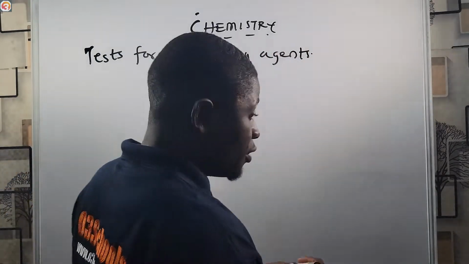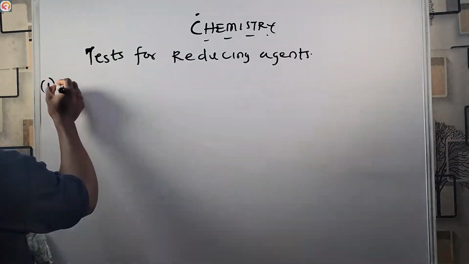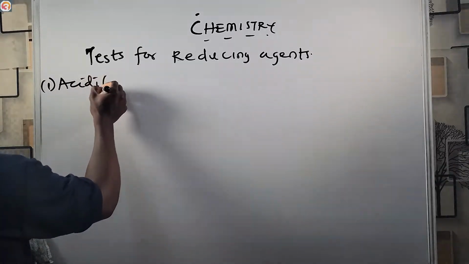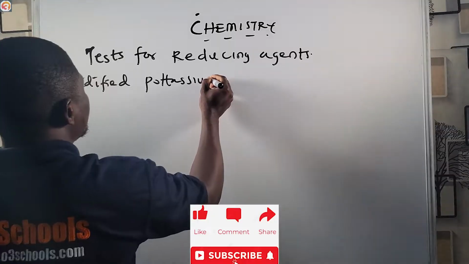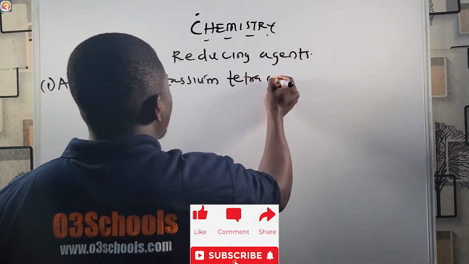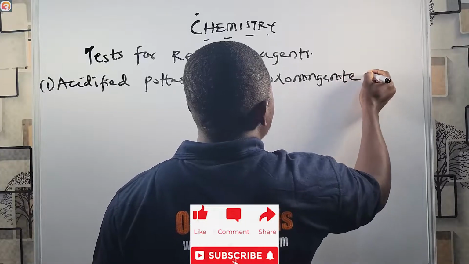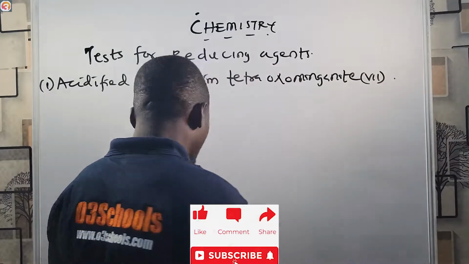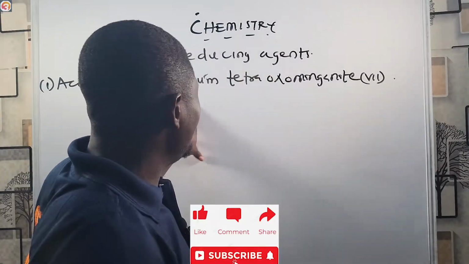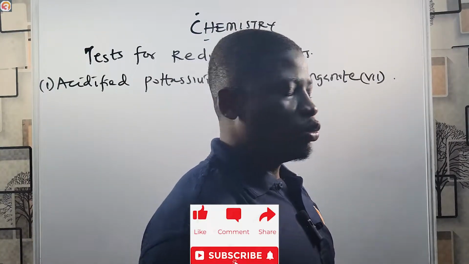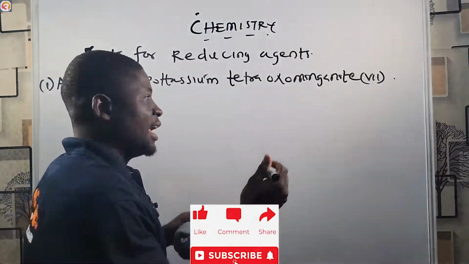Now, if you want to test for reducing agents, one, we use acidified potassium tetraoxomanganate 7. So when we want to test for reducing agents, one, we use acidified potassium tetraoxomanganate 7. And this is KMnO4.